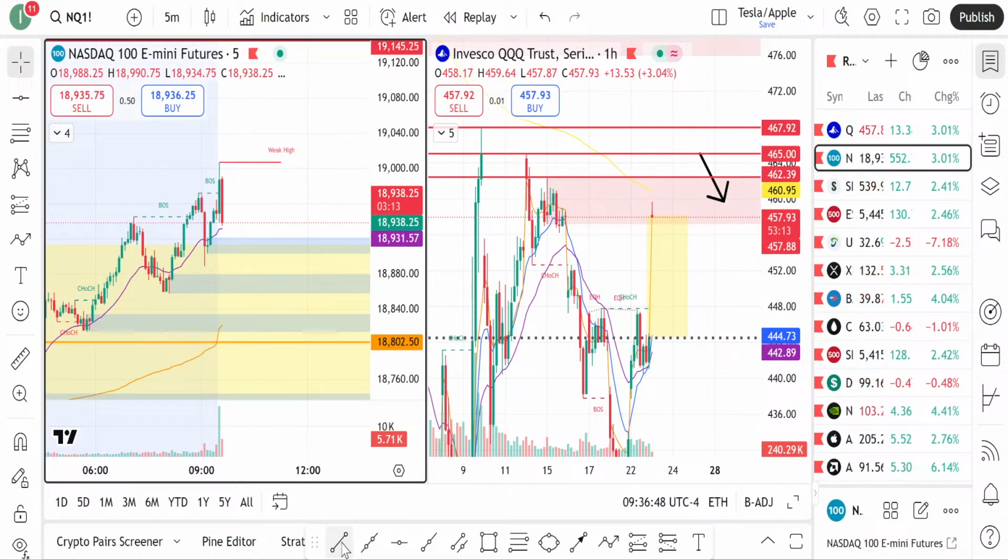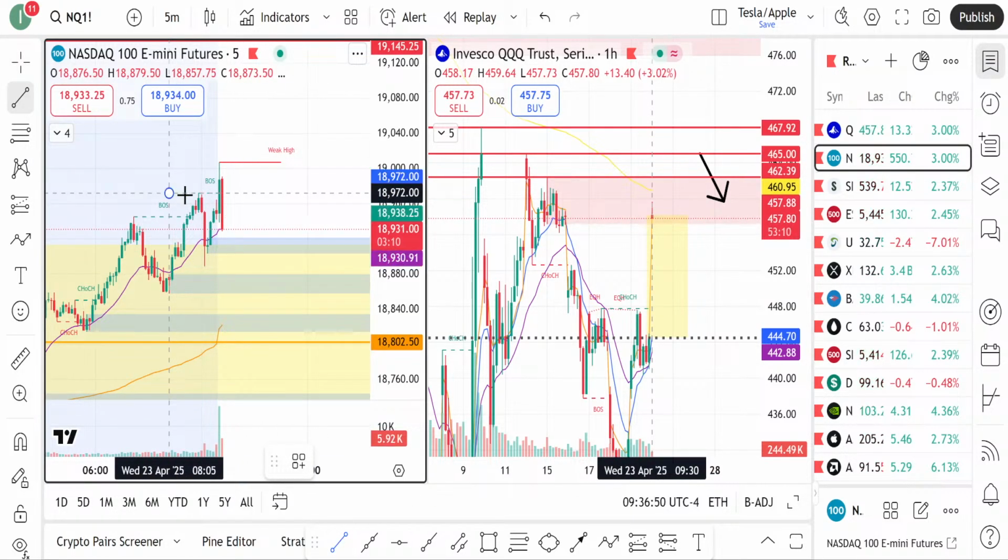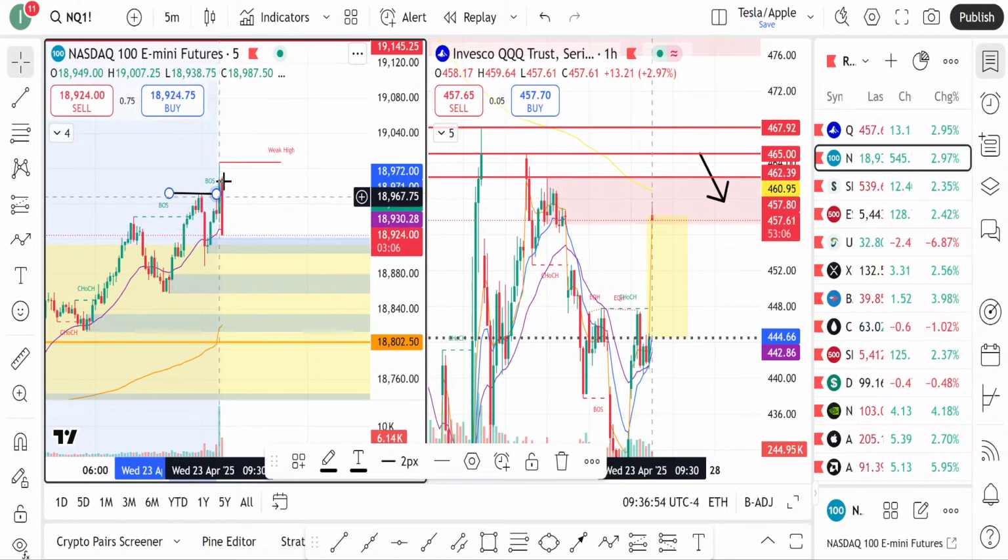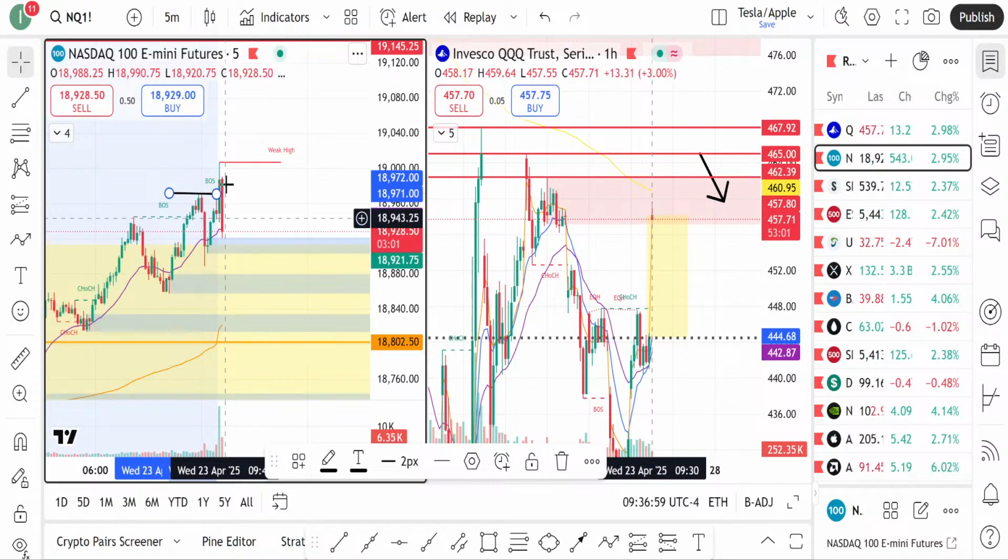Here we got a pretty good, I want to call this a liquidity sweep, because we attempted to break higher and then immediately and drastically rejected off of that.